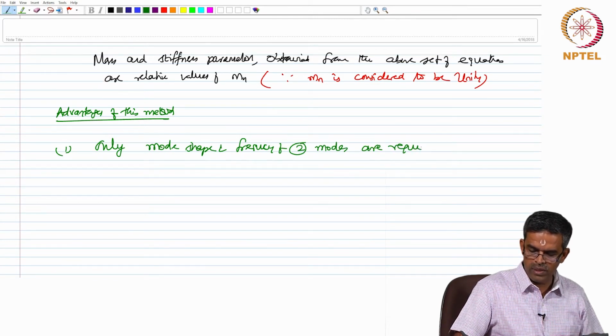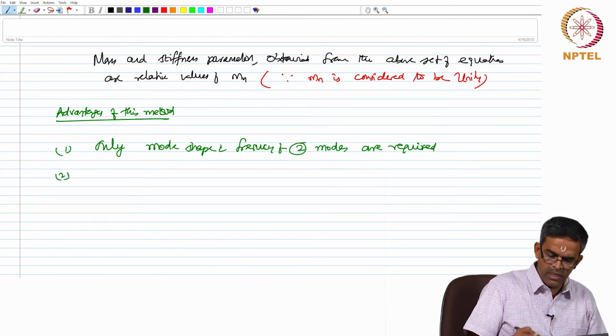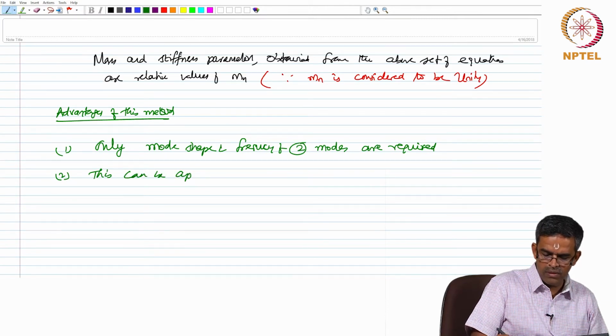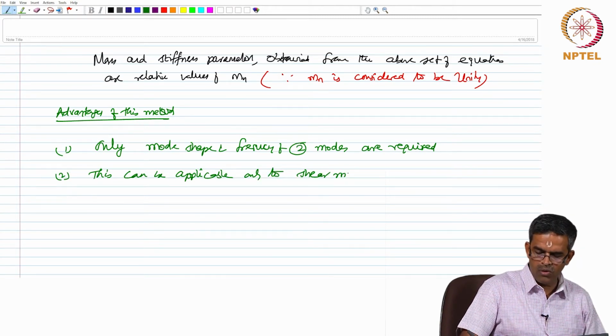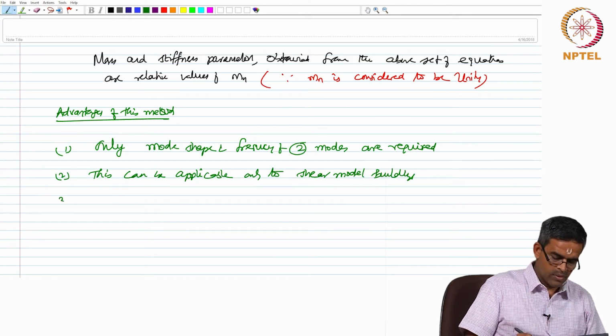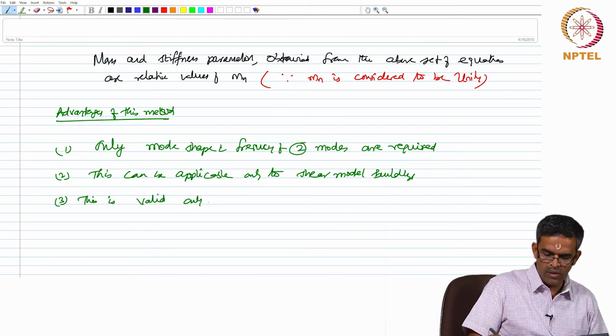See here, L and N. This method has a limitation. This can be applicable only to shear model buildings. Thirdly, this is valid only for undamped systems.